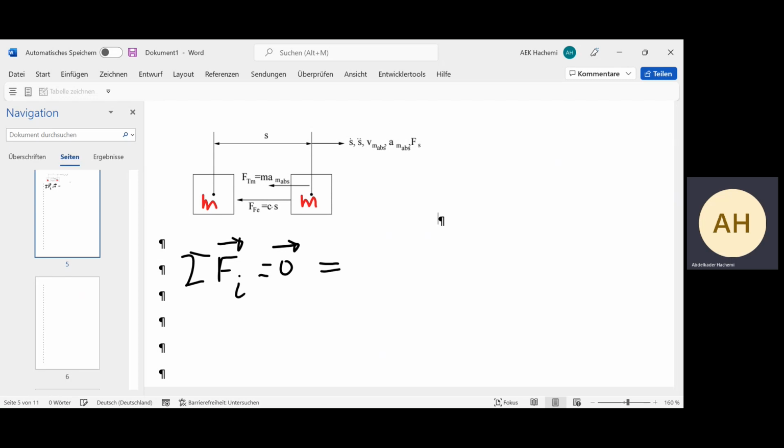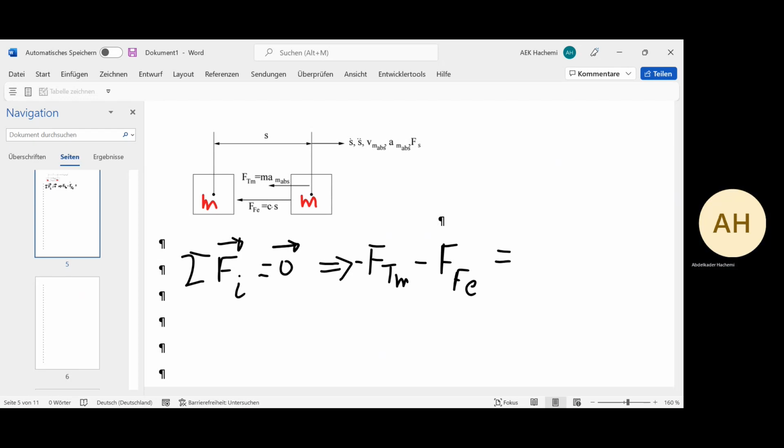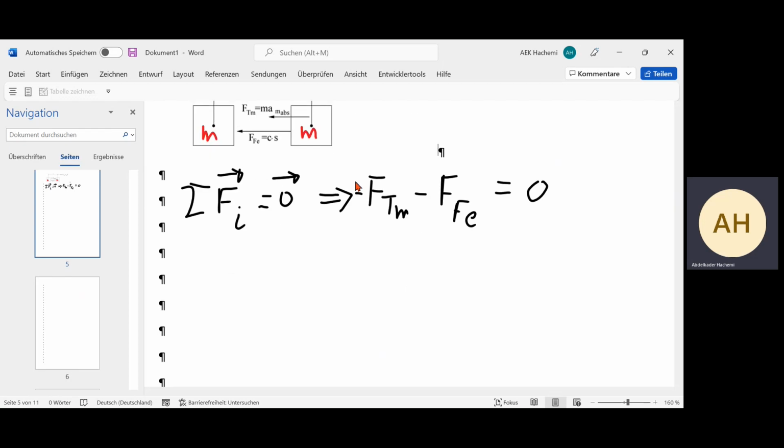Then in this case we have Ftm minus Fa is equal to 0. This is all we have as forces in the S direction.